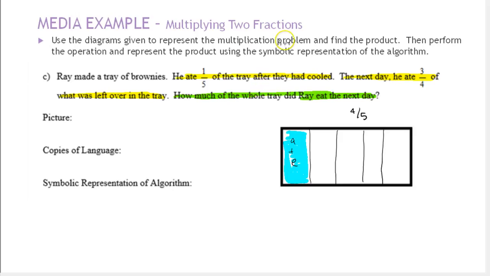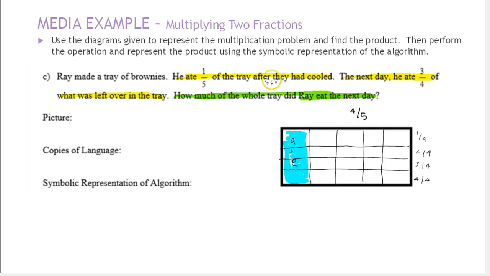The next day he ate 3/4 of what was left over, which is this. So now I am going to break this into 4 equal pieces. We can go all the way across like we did before. Okay, that's not the best 4 equal pieces I've ever made, but imagine this is 1/4, that's another quarter, 3/4, 4/4 going down this way.